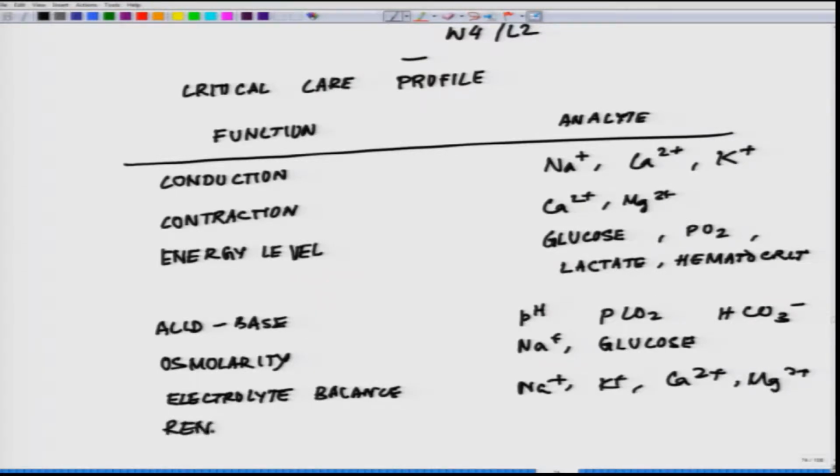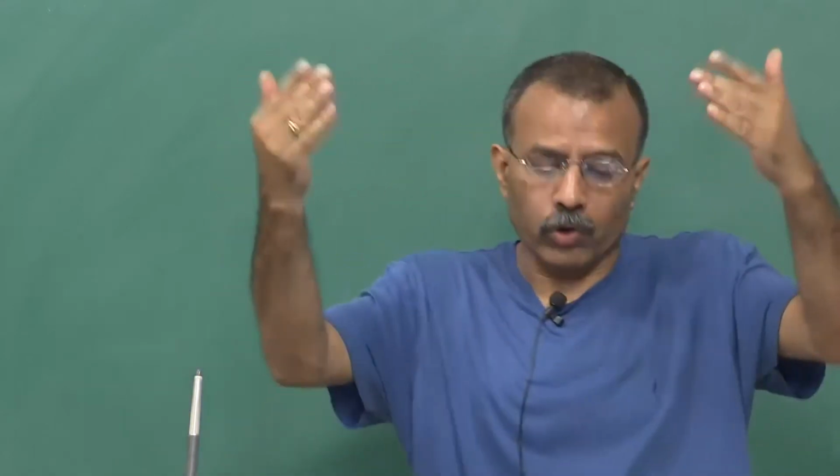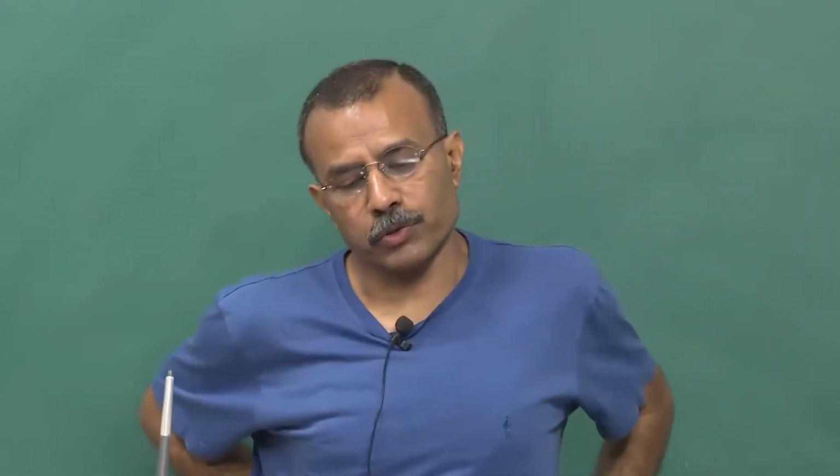Then, when we talk about renal failure, we look for blood urea nitrogen and creatinine. A doctor needs to look at all these parameters as soon as a person comes into the critical care unit, or even on a day to day basis, like a whole body checkup. These are the things they look for.